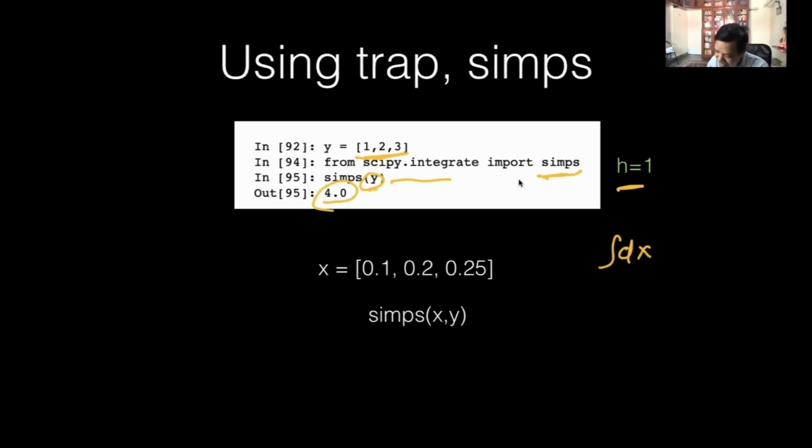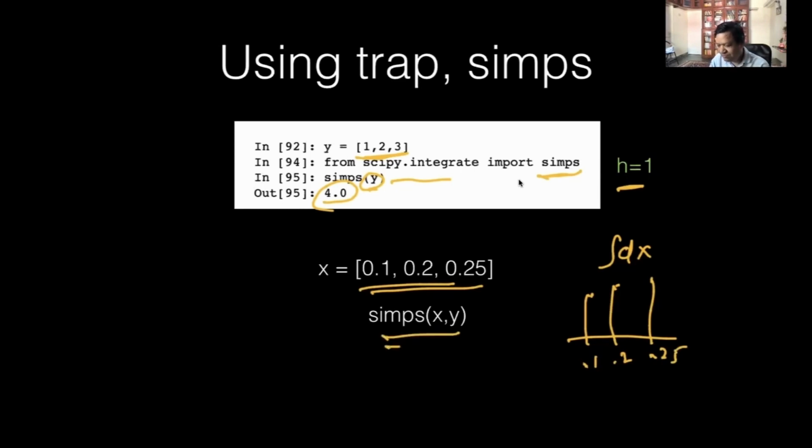We can also define what x is. Right now I give only the values of y, 3 points. But we can say, I want to give where these functions are evaluated: 0.1, 0.2, and 0.25. Then you have to give both arguments, x and y. Now, it turns out that h is not uniform for this problem. h is 0.1 here and 0.05 there.